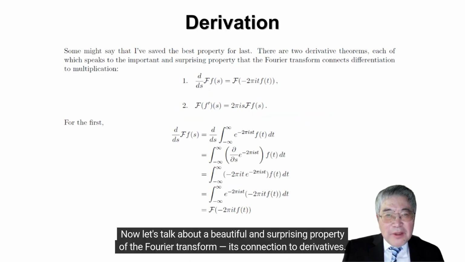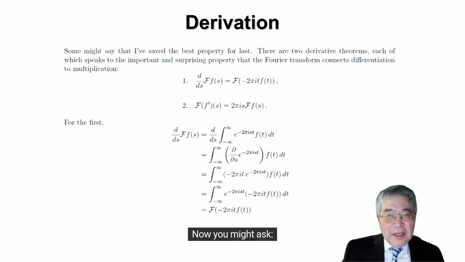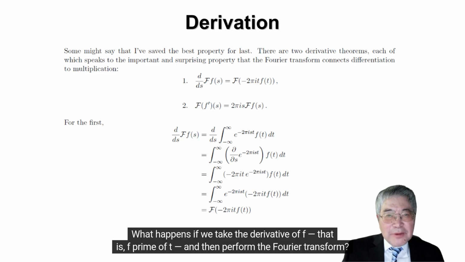Now let's talk about a beautiful and surprising property of the Fourier transform, its connection to derivatives. Suppose we start with a function f of t, and its Fourier transform is capital F of s. Now you might ask, what happens if we take the derivative of f, that is f prime of t, and then perform the Fourier transform?